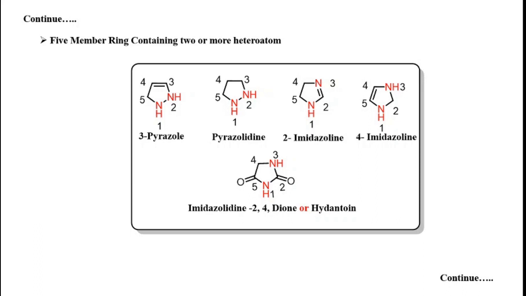Then the next one is 2-imidazoline, 4-imidazoline, or imidazoline-2,4-dione, a hydantoin derivative, and the common name of this is hydantoin. In that case, number 2 shows unsaturation, number 4 shows unsaturation. This numbering shows the unsaturation in this case.